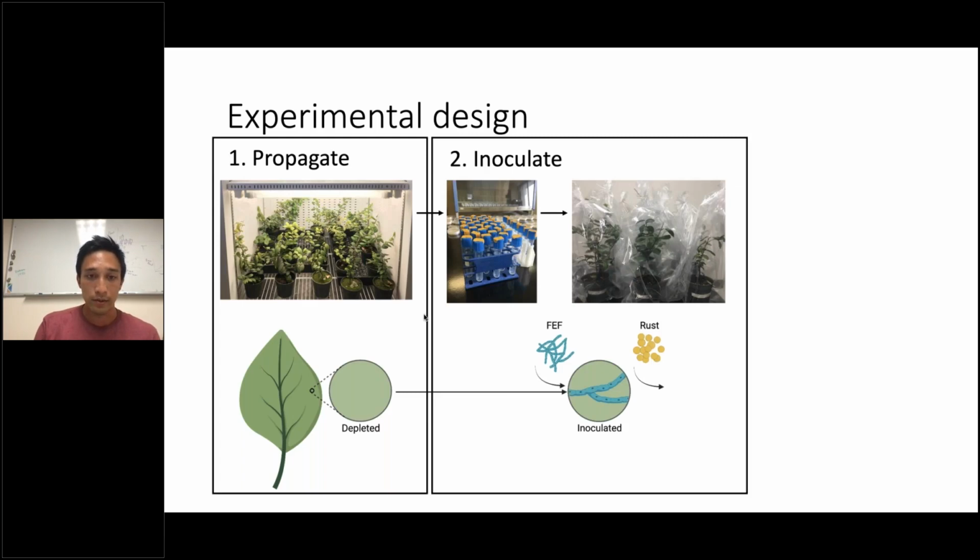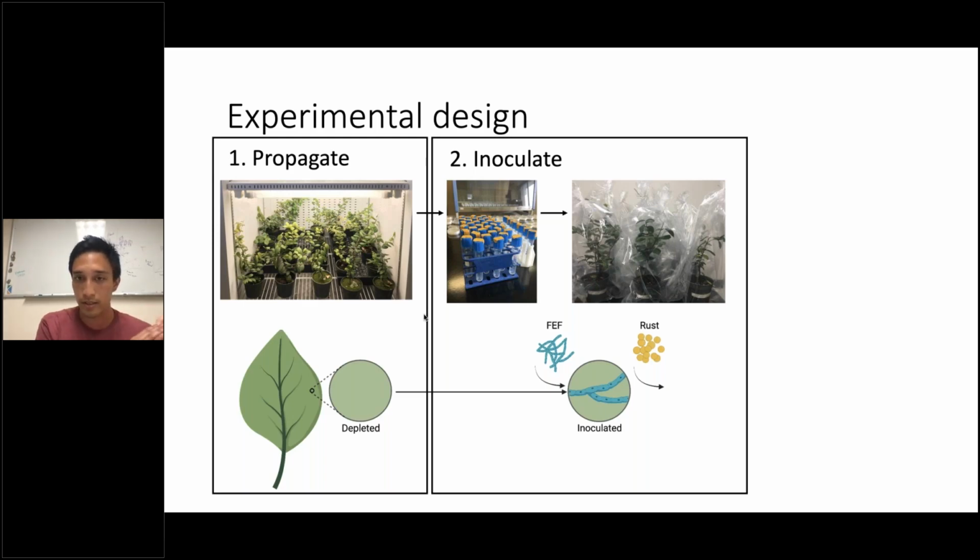Once their microbiome was depleted by fungicide, we wanted to reintroduce microbes to their leaves. So we inoculated them with FEF, waited 72 hours to help them establish within the leaf community, and then we inoculated the rust onto the same leaves.